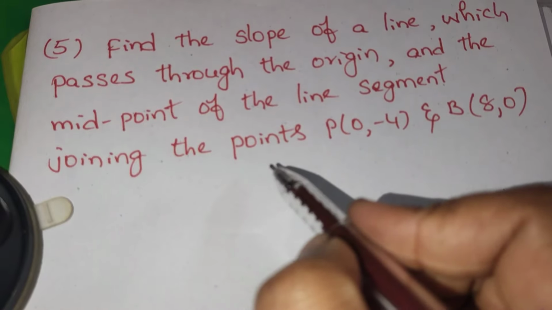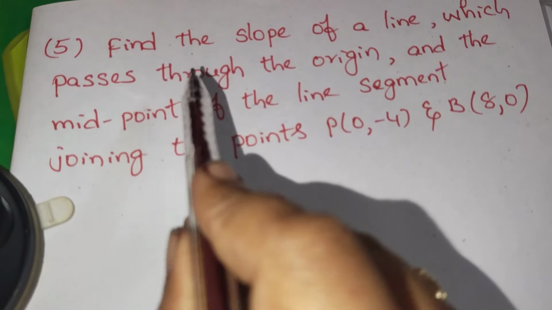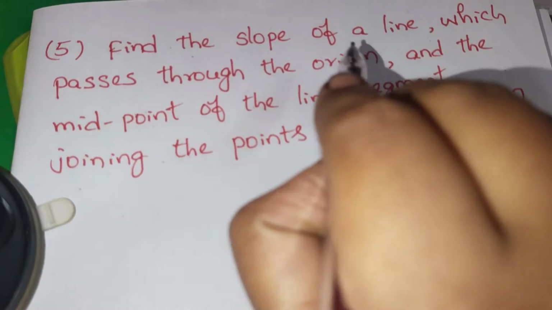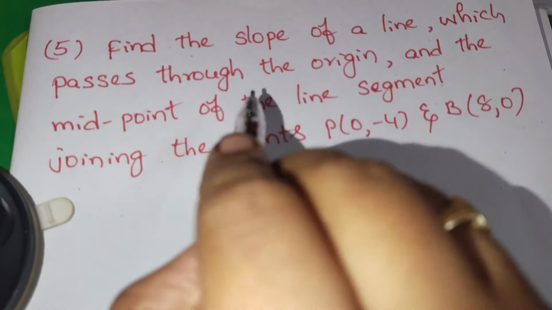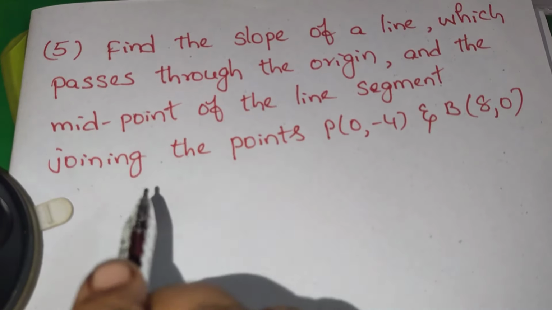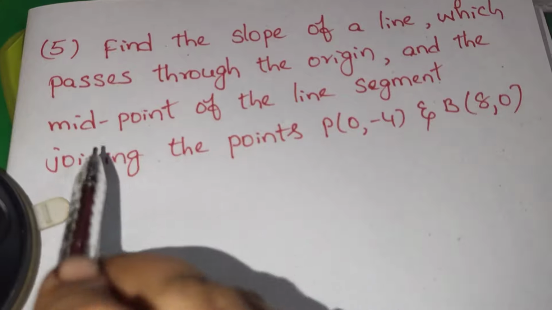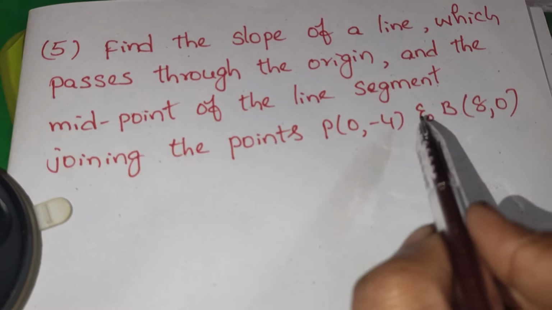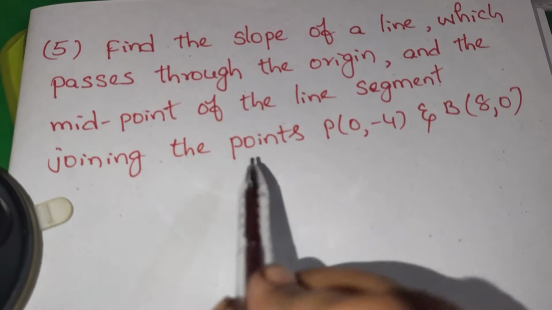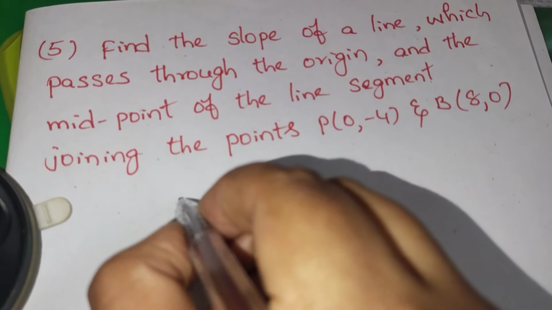Next important question is question number 5, exercise 9.1. Find the slope of a line which passes through the origin and the midpoint of the line segment joining the points. So clearly we have to see here the midpoint of the line segment joining the points. First we join these points.